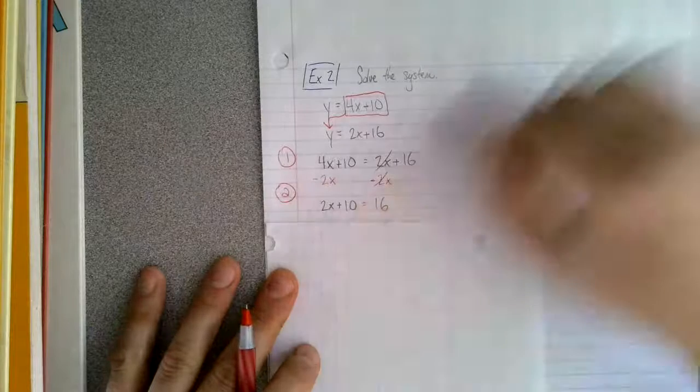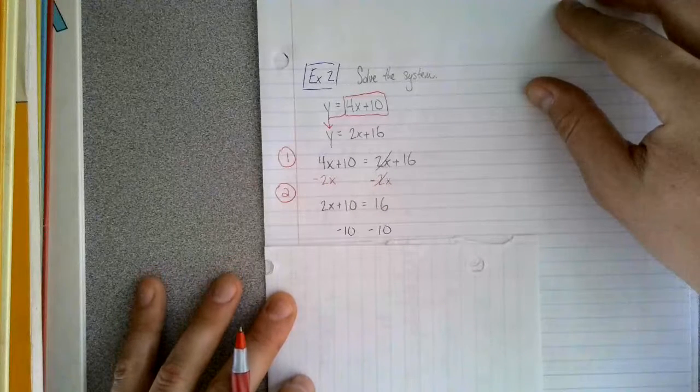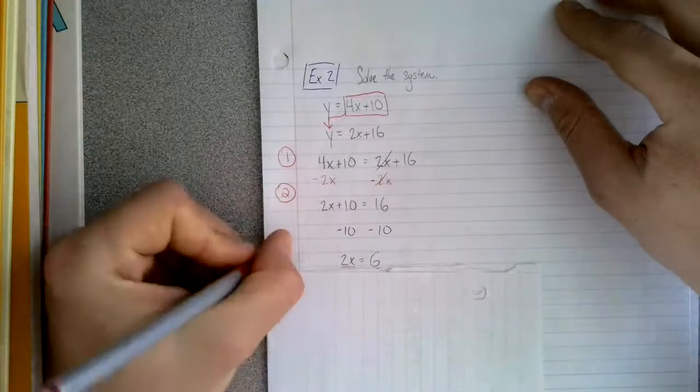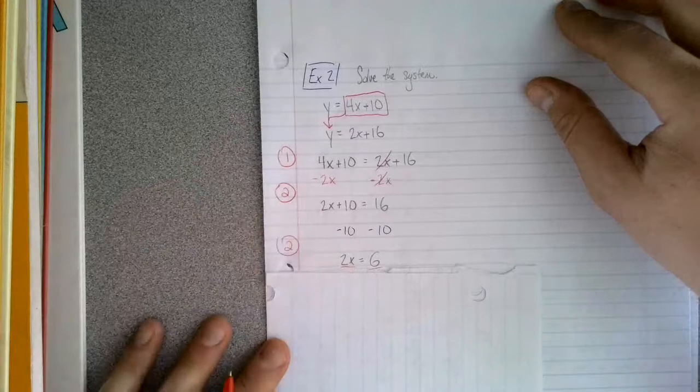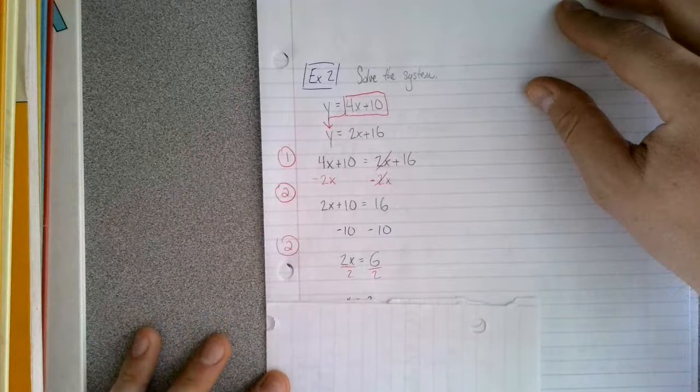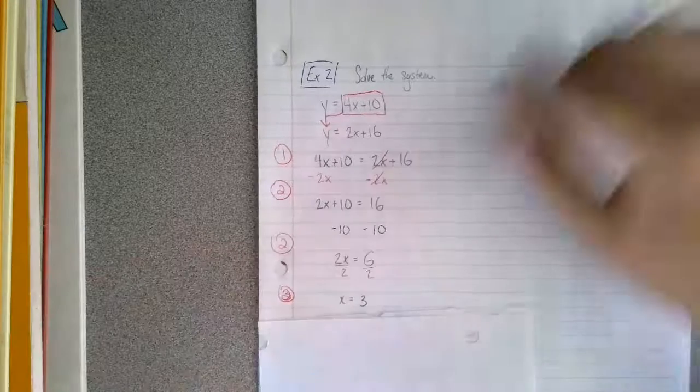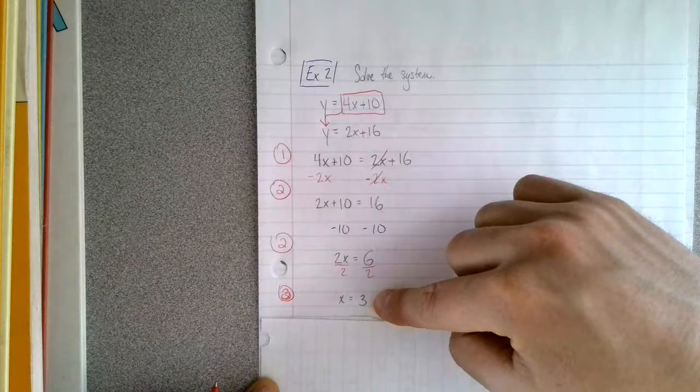To get rid of the plus 10, we're going to subtract 10 from both sides, which gives us 2x equals 6. We're still on step 2. We're going to divide everything by 2, and we get x equals 3. And that's the conclusion of our second step. So we've now solved that equation.